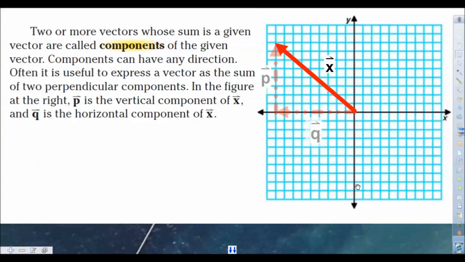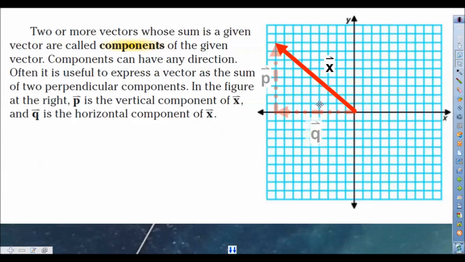Now, one important concept of vectors that's important to master going forward in later sections is this whole concept of getting component vectors of a given vector. So consider, for example, vector x here, which goes up into the left. Every vector can be broken down into components, and the most useful components that we can create with a vector is a horizontal component and a vertical component, which you can see here.